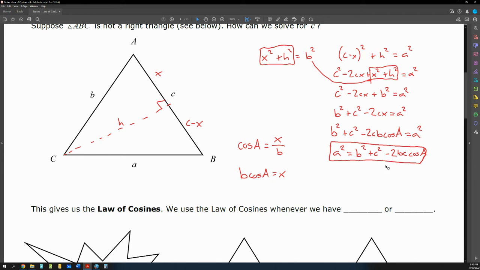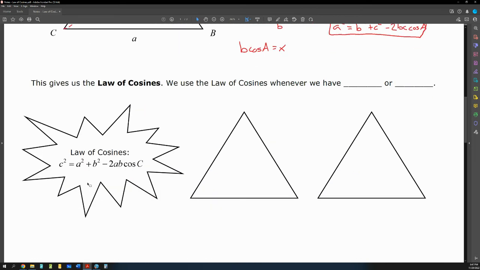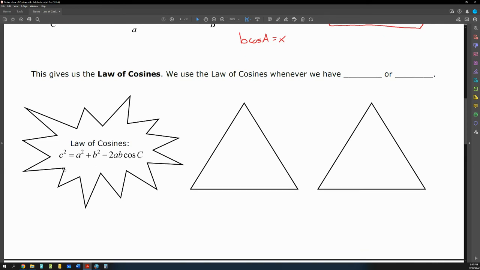Last thing about the equation, this helps me remember this, is that you might notice, so again, we can rearrange these quantities. So here's another example here, but with respect to angle C and side length C. I noticed that if I were to cover up this minus 2ab cosine C, that this is simply the Pythagorean theorem, right? A squared plus b squared equals c squared. In fact, the law of cosines is arguably just another form of the Pythagorean theorem, but just for non-right triangles.